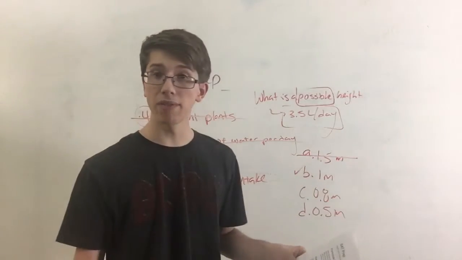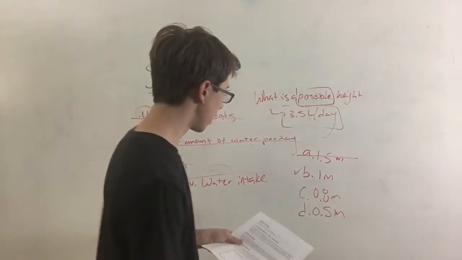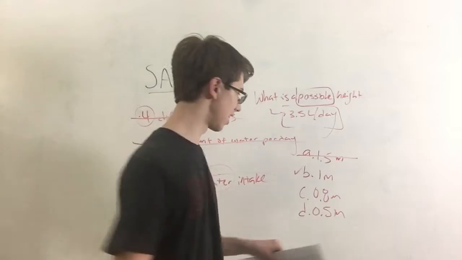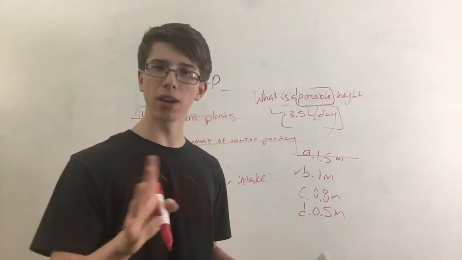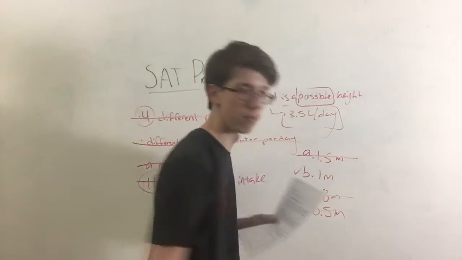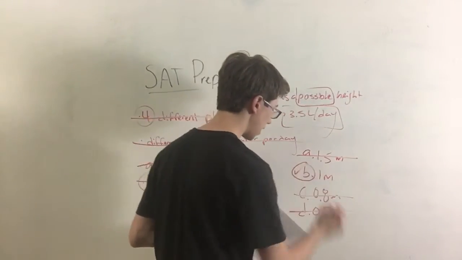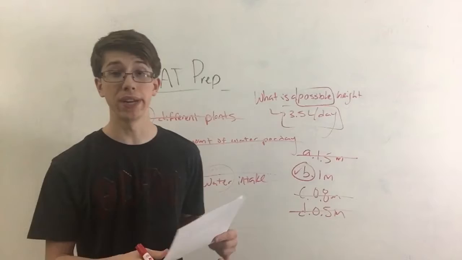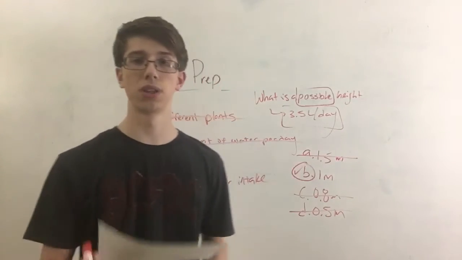And because it's 0.7 at 5 liters per day, then we know that it's not as likely, and it's really close, maybe a little bit too close for comfort, so let's cross that out. 0.5 meters, ridiculous. No, definitely not. So this is our answer, and in fact, 1 meter is the correct answer for this question.